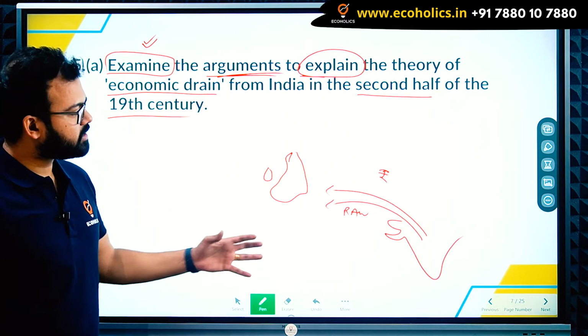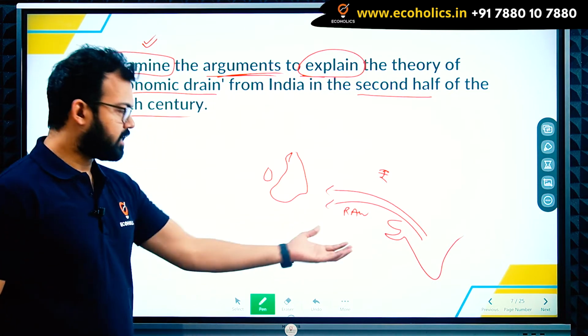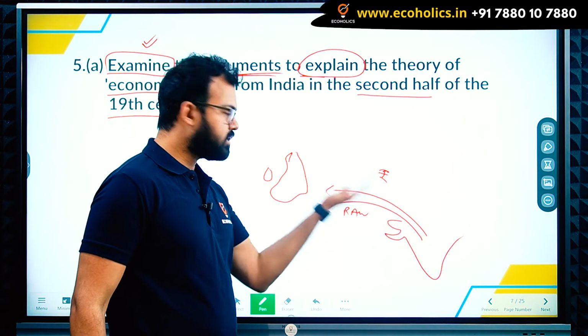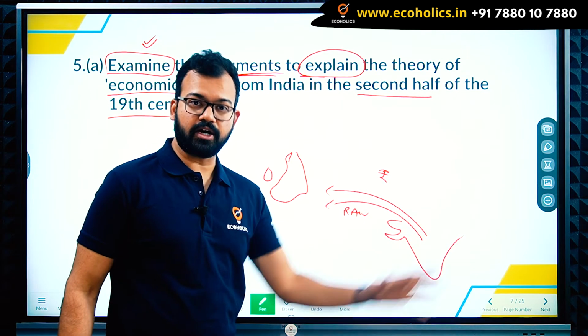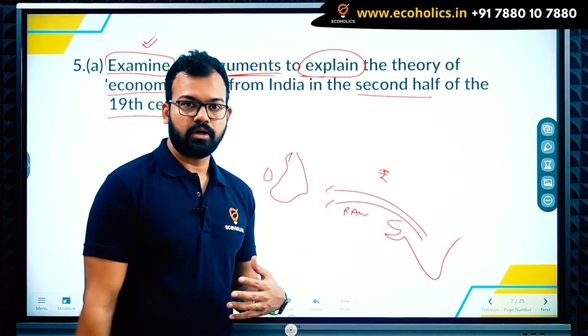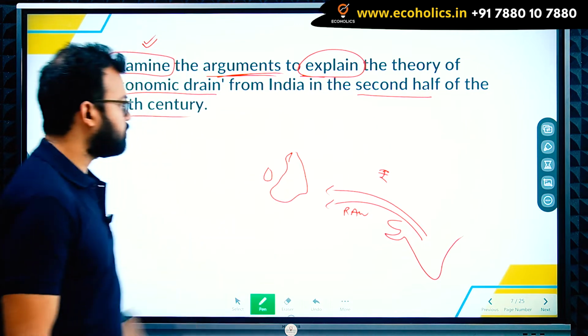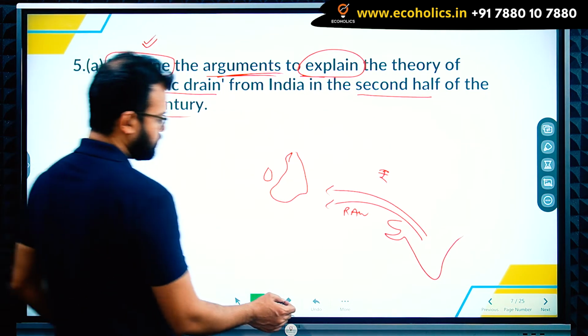So why economic drain? Because they were taking raw material from India and then selling those products back at a very high cost. So that margin also belonged to Britain. So that was the scene.